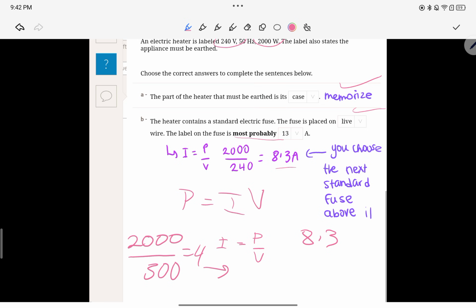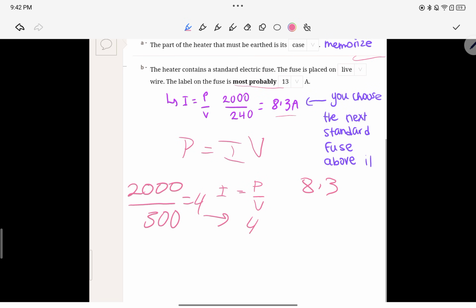If you had 4.5, 5, 4, and 6 as your options, you will not pick 4. No, you will pick the one that's over 4, so it's going to be 4.5.